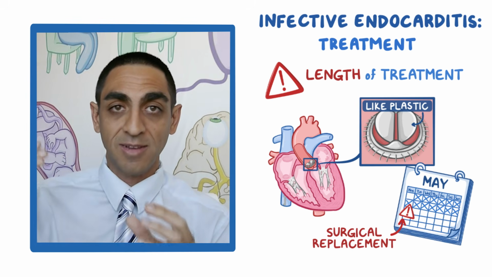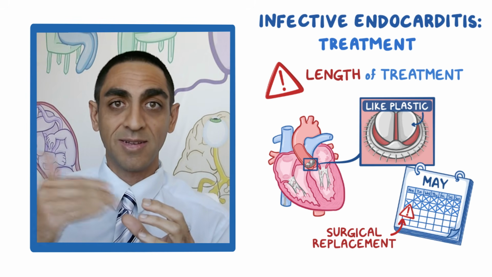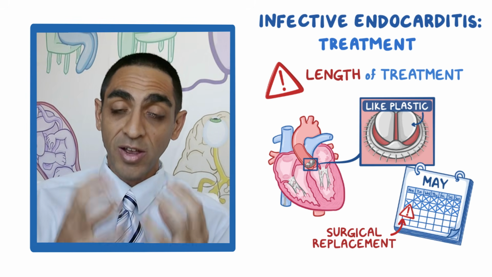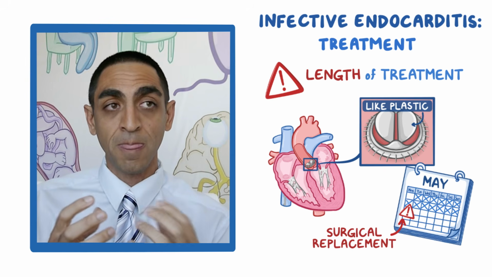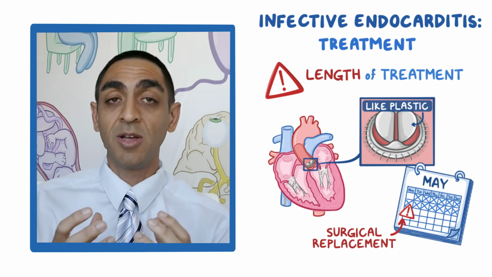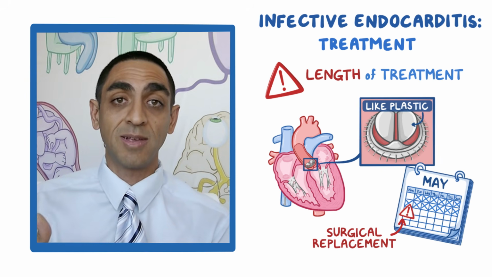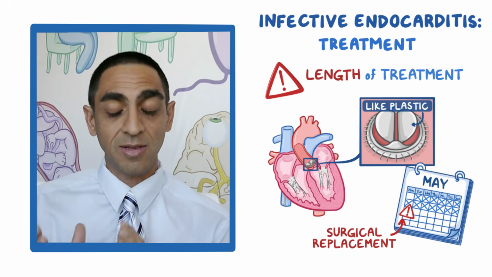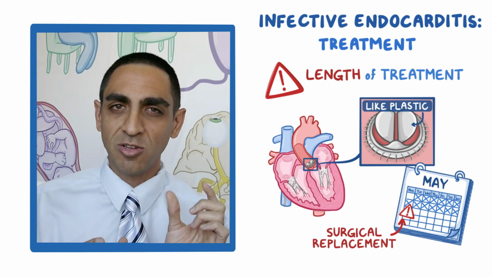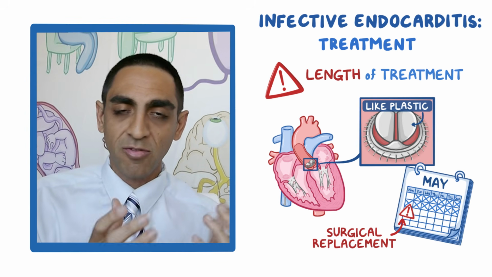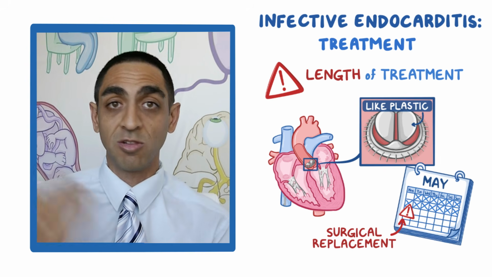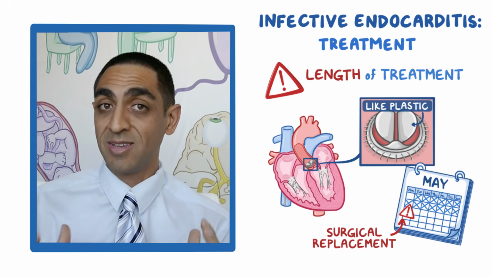Plastic doesn't have blood vessels, so antibiotics can't get to it. If there's an infection of any prosthetic material, it's very hard to treat with antibiotics alone, so you usually end up having to take out that valve and surgically replace it. Anytime there's prosthesis, antibiotics are usually tried at first, and oftentimes it fails, and then you have to surgically replace. So those are the keys on treatment.